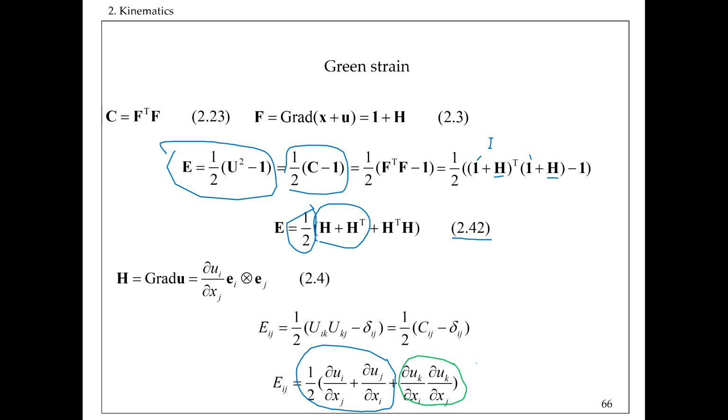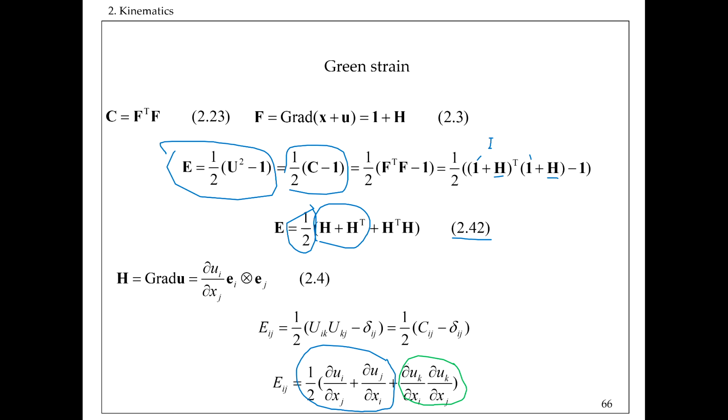When the changes are small, or effectively when the engineering strain, the measured strain, is small, then this second term can be neglected, and we're entirely fine with this simplified linear definition of strain. But once the deformation becomes nonlinear, this addition becomes more and more important.